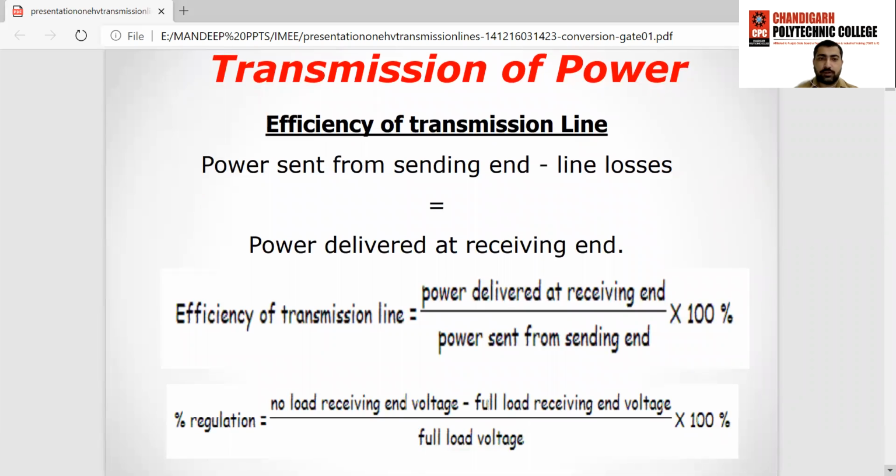Here, the voltage regulation or efficiency of transmission line. The power sent from sending end minus line losses equals the power delivered at receiving end. Here is a mathematical representation. Efficiency of transmission line equals power delivered at receiving end divided by power sent from sending end into 100.